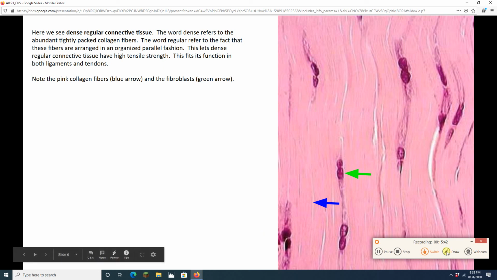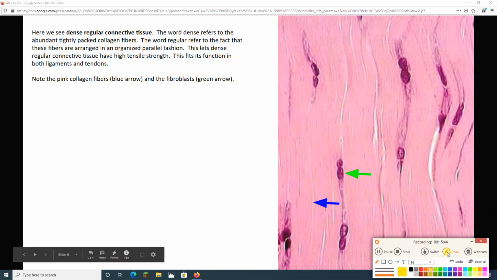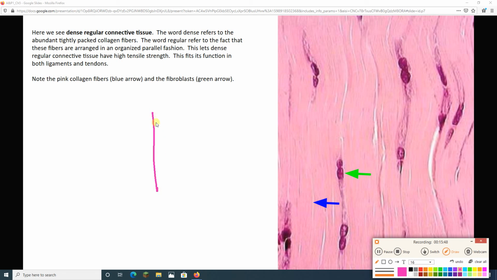Now, this is dense regular connective tissue. Dense regular because the fibers are all going in the same direction. Dense regular connective tissue fibers are exhibiting the two P's. They're packed in parallel. And what this is going to do is give this tissue a whole lot of tensile strength.